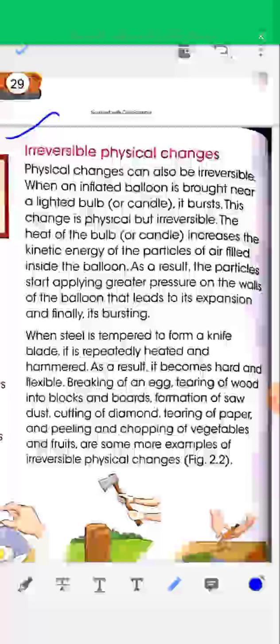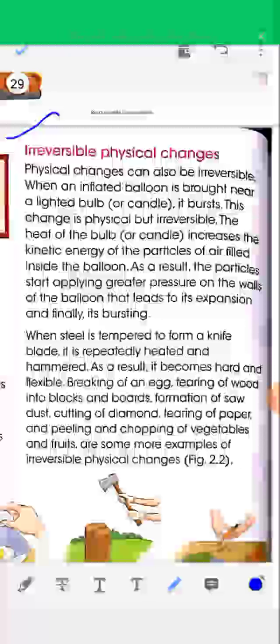This change is an irreversible physical change.